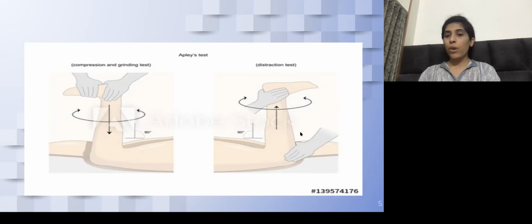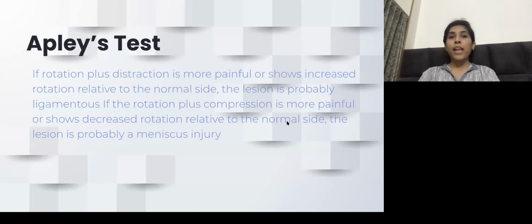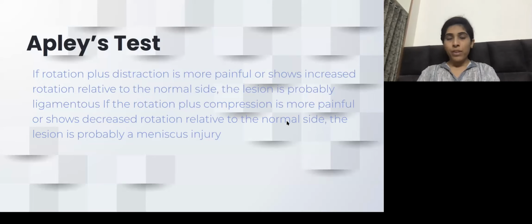In the second figure, you can see the 90 degrees of flexion maintained, and along with this the distraction force is given, and along with the distraction force, medial and lateral rotation movement is allowed. We have to keep in mind that if rotation plus distraction is more painful relative to the normal side, the lesion is probably ligamentous.